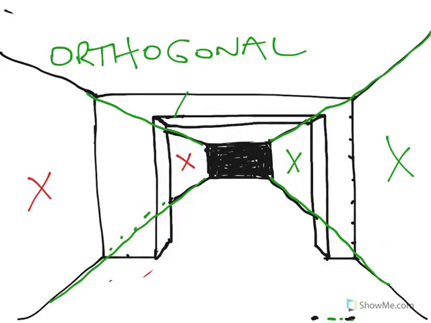Once again, this line over here, this line over here, this line over here, and this line over here are also orthogonals, but since they're not coming from here, they really don't have anything at all to do with these lines.